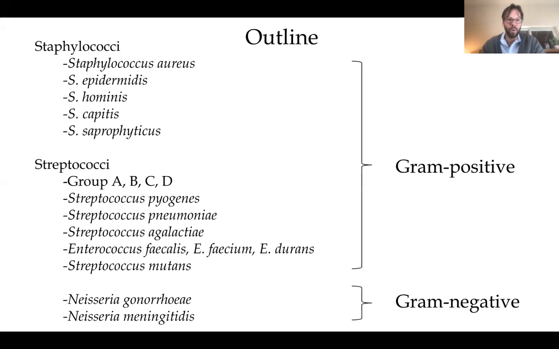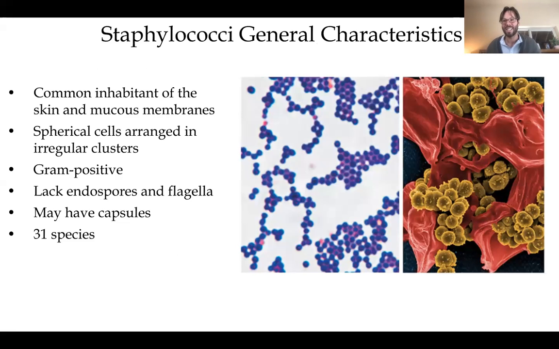As we go through these, you'll need to be familiar with these different flavors. You also should be familiar with these general characteristics of Staphylococci bacteria and how they are similar and different to Streptococci. There's going to be a lot of crossover, but there are going to be some differences.